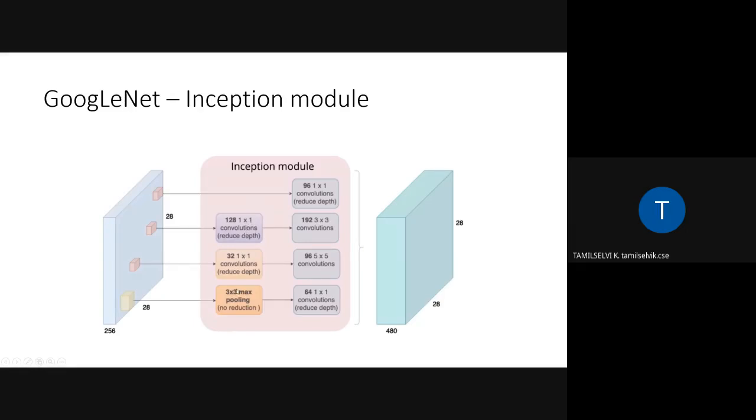Similarly, 32, then you have max pooling and other things. The thing is that if you add these things, you have to get these things. You will check if this is right or wrong. The width and height is maintained. The depth is dependent on the inception module's output. Multiple things are done at a time.